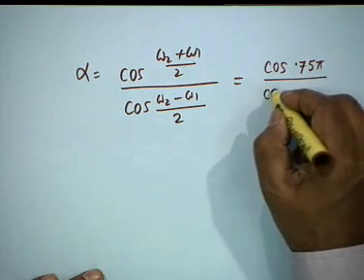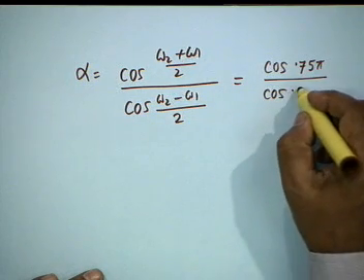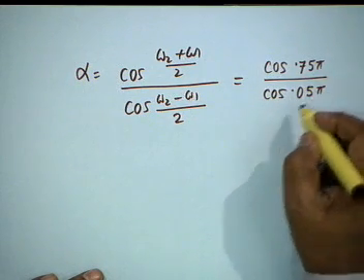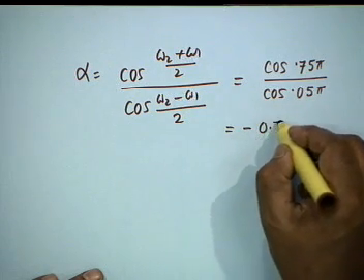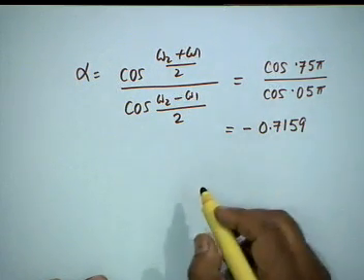Alpha, the same formula as in the band pass case, that is cosine of alpha is cosine of omega 2 plus omega 1 divided by 2 divided by cosine of omega 2 minus omega 1 divided by 2, and this comes at cosine of 0.75 pi divided by cosine of 0.05 pi. This calculates to minus 0.7159.